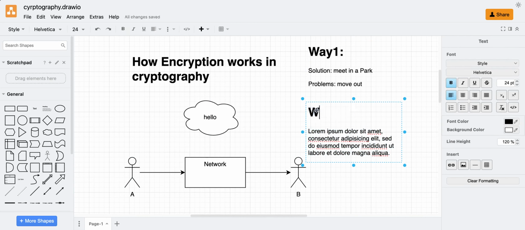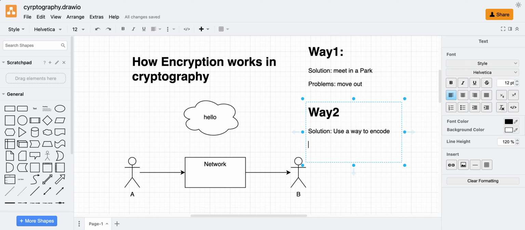Way two is, let's say, we are using some sort of a way or a method. The solution is to use a way to encode this message so that no one else is able to understand or decode it.